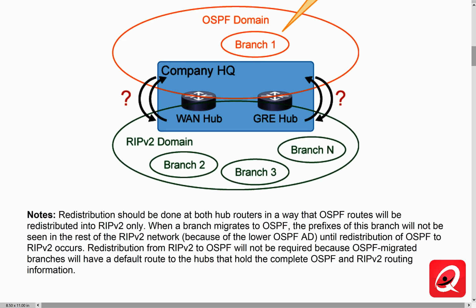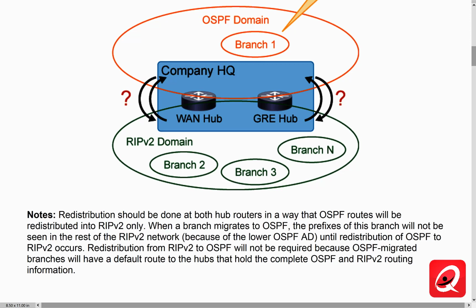When the branch migrates to OSPF, the prefixes of this branch will not be seen in the rest of the network because of the lower AD, again, assuming it's the same prefix length, until redistribution of the OSPF to RIP version 2 occurs. Redistribution from RIP to OSPF will not be required because the OSPF migrated branches will have a default route to the hub and they'll hold the complete OSPF and RIP routing information.